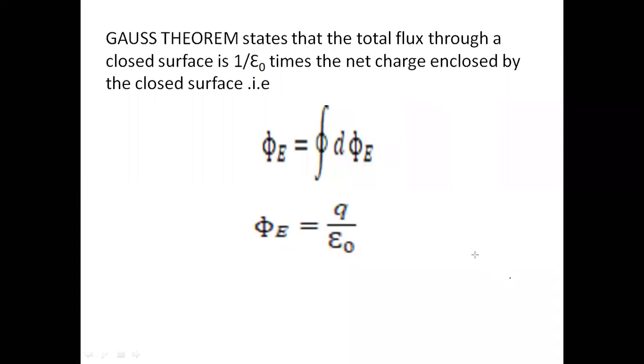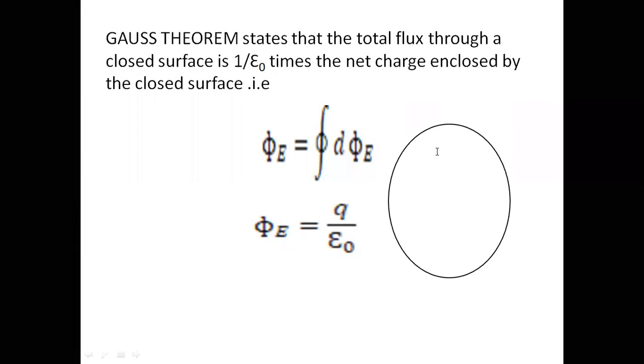Okay, so this was my Gaussian surface. If I take 1 coulomb here, 2 coulomb here, 3 coulomb here, and 4 coulomb, and I want to know my net charge inside this Gaussian surface, all we have to do is add them: 4, 5, 6, 7, 8, 9, 10.